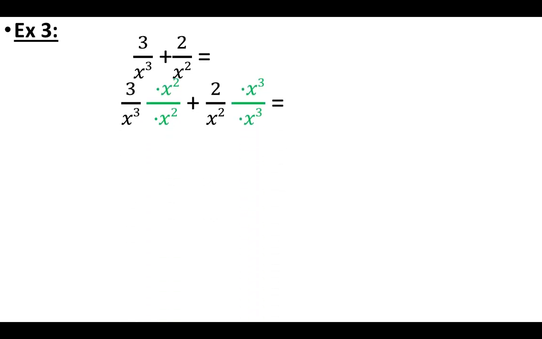That's basically multiplying by the other fraction's denominator, multiplying top and bottom. Again, this leads us to a common denominator. This is going to become 3x squared. This is going to become 2x cubed. Here, x to the third power times x squared: when you have the same bases, you add your exponents. So the bottom is going to become x to the fifth.